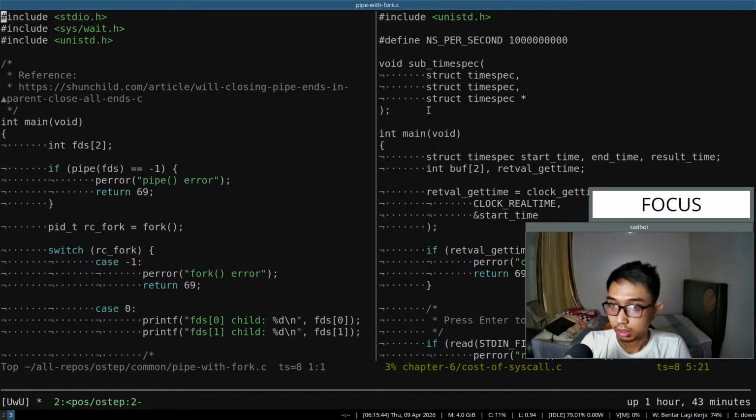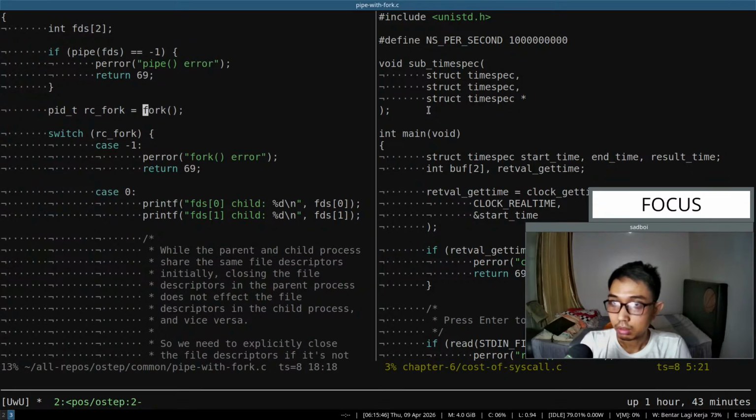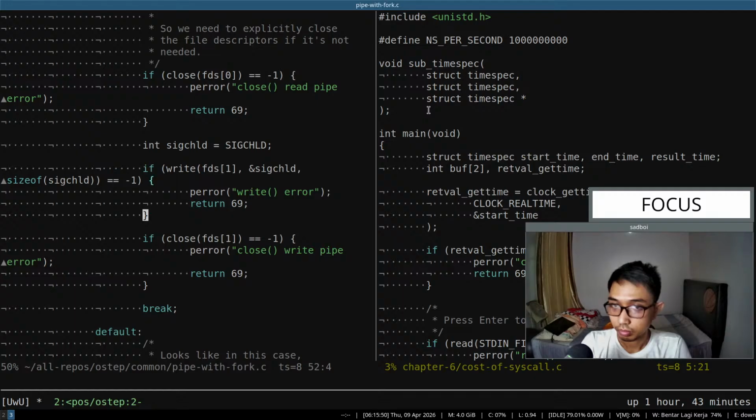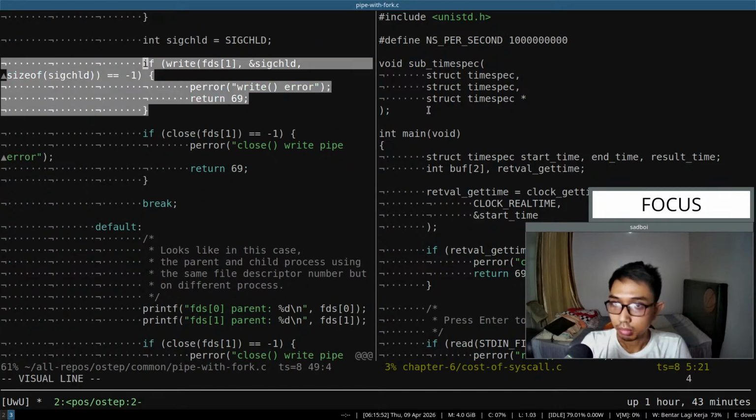Maybe something like this. Fork and then using the pipe, right?